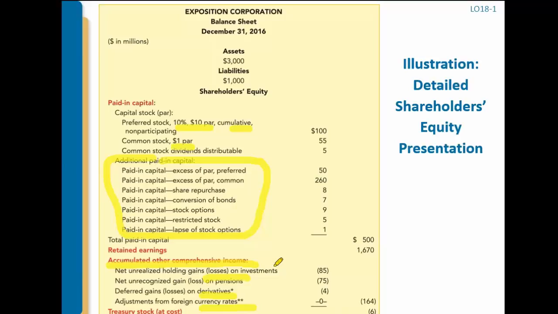These are things that are truly gains and losses, but the nature of these are such that we keep these out of the income statement. But they're still transactions, so they still affect the organization. So instead of passing them through the income statement into retained earnings, we simply keep these as adjustments to equity in the equity section, and we call this the adjustments to other comprehensive income.